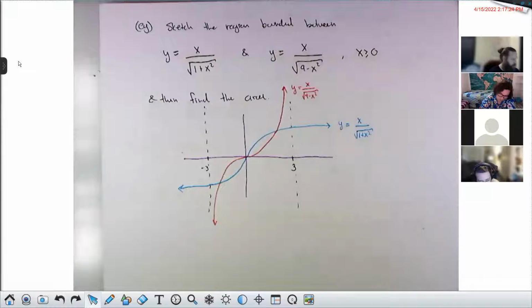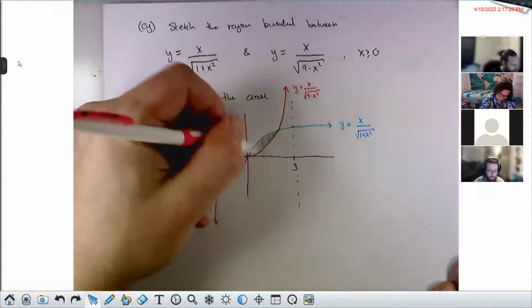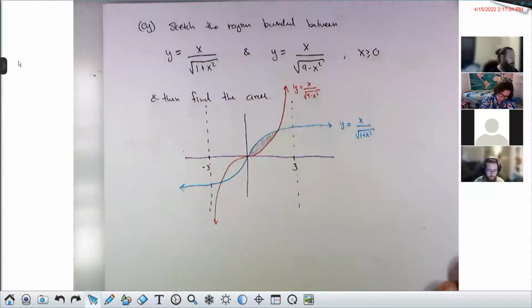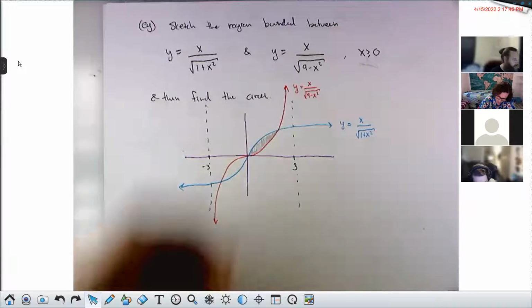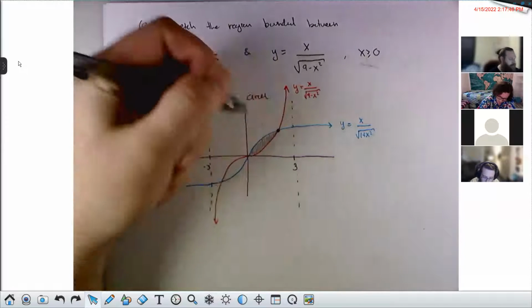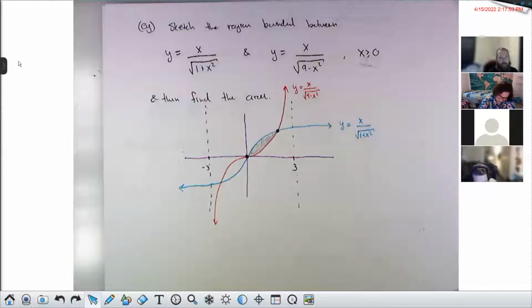And the area I'm looking for here is this area. They said to only pay attention to the spot where x is greater than or equal to 0, so I'm not worried about the chunk on the left. I need to find the x value at this point. The one intersection point, the guy on the left, is clearly 0. But the intersection point on the right, that's not obvious. So we've got to find those.